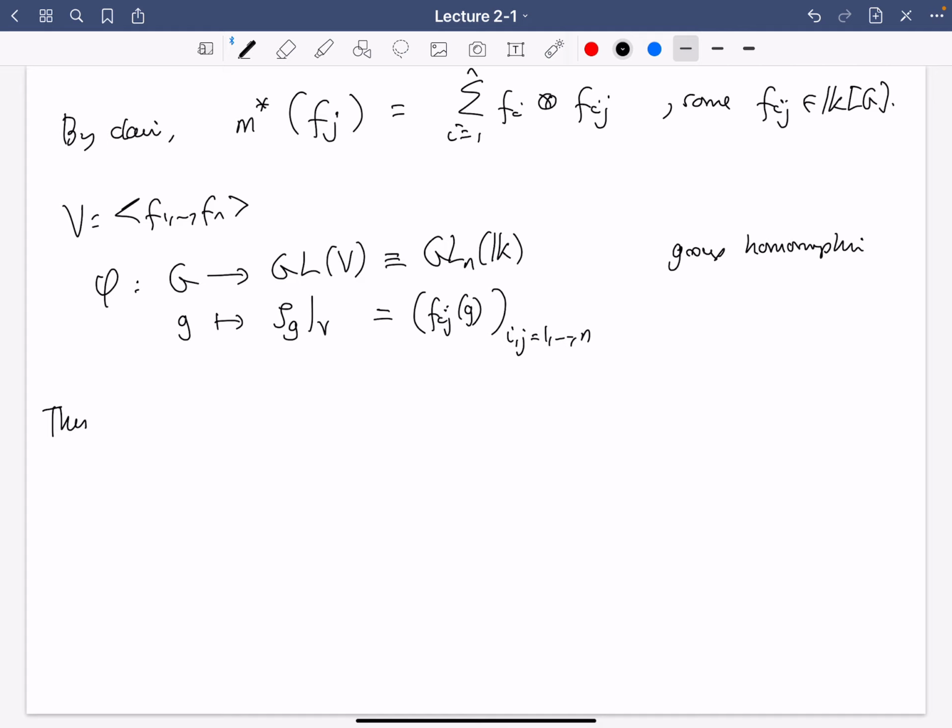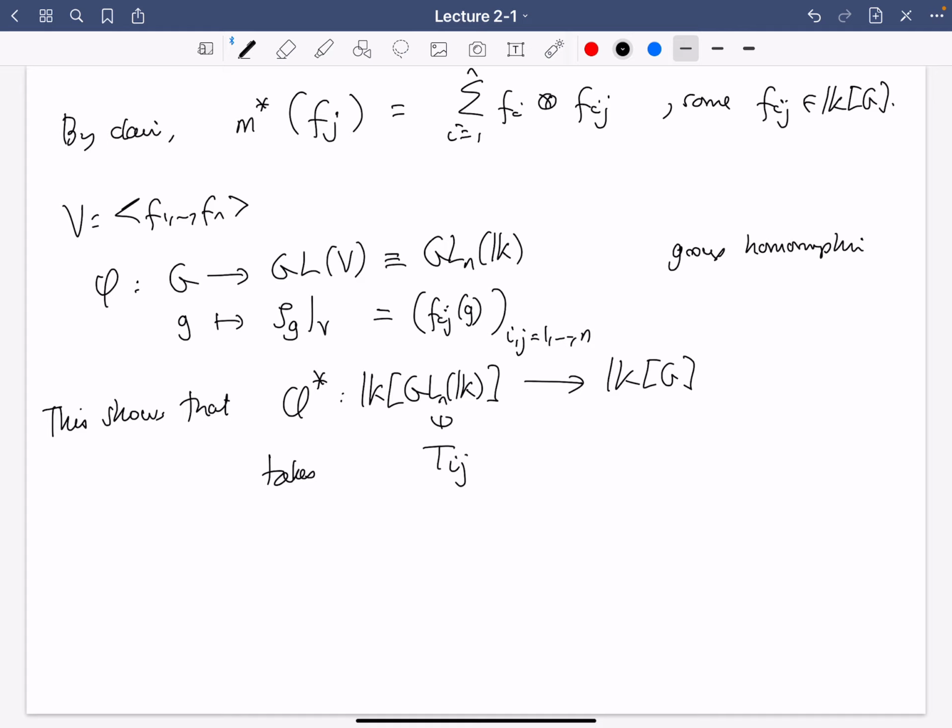So this shows that phi star, the comorphism of this morphism, goes from the coordinate algebra of GLn of k to k of G, and takes tij, the standard matrix coefficient function in the coordinate ring of GLn, exactly to this fij, which is in the coordinate algebra of G, i.e. phi is a morphism of varieties.